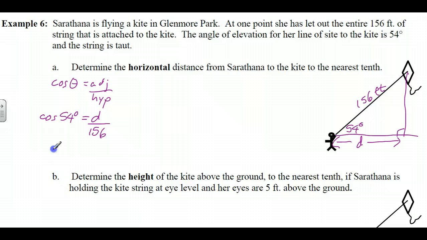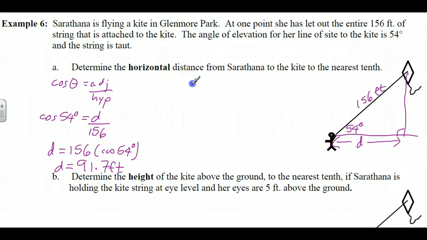Multiply both sides by 156, so D is equal to 156 times the cosine of 54 degrees. You do need degrees. Those are units you can't leave out. And D is equal to, you multiply that out and round, 91.7. 91.7 what? Okay, units are feet, so 91.7 feet.